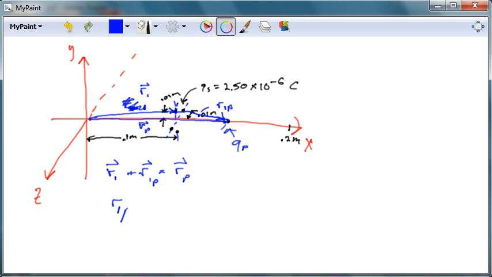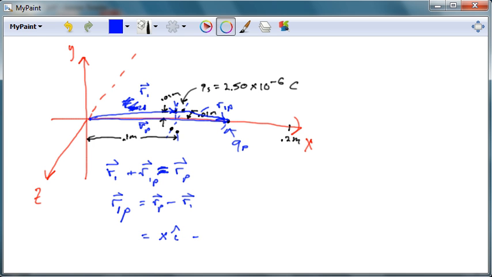To get R1P, I'll just subtract R1 from both sides. R1P then is equal to RP minus R1. And RP is just the x position of our particle times i, because it's on the x-axis, whatever the value of x is for the particle that's moving along the x-axis.